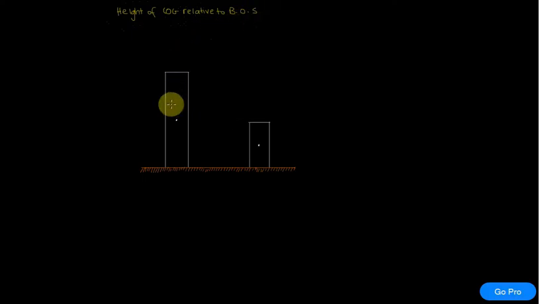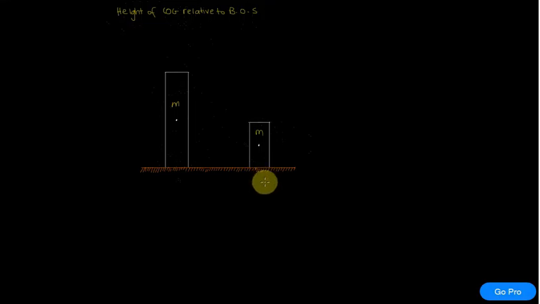In this scenario, we have two specific objects that both have the same exact mass. If we say m is representative of the mass, whether it's 5 kilograms or 10 kilograms, both of these objects have the exact same mass. They also have the same base of support.